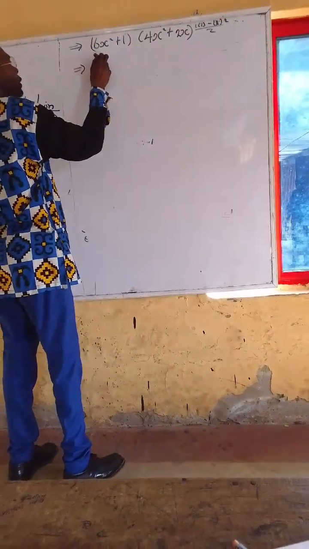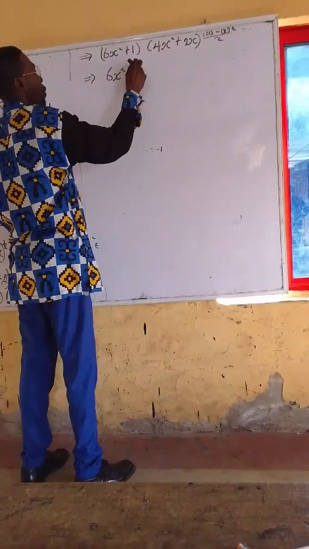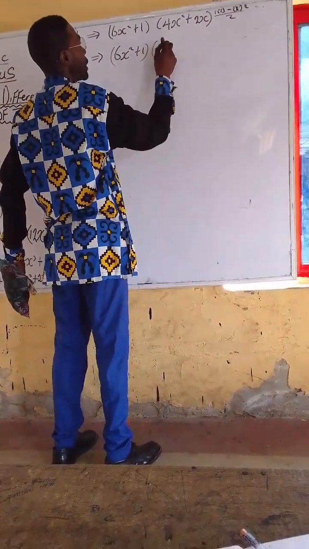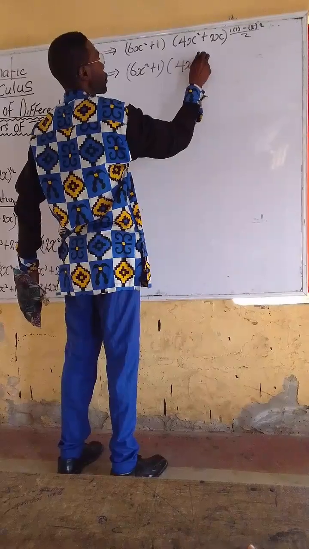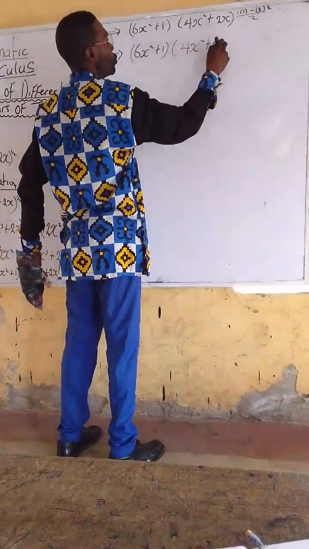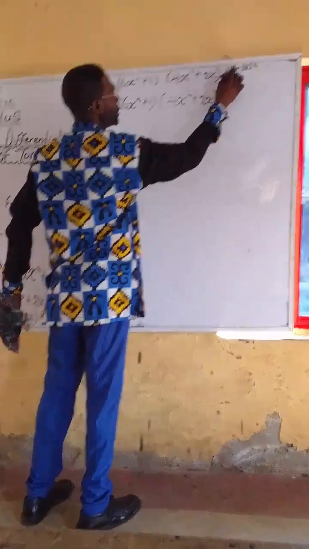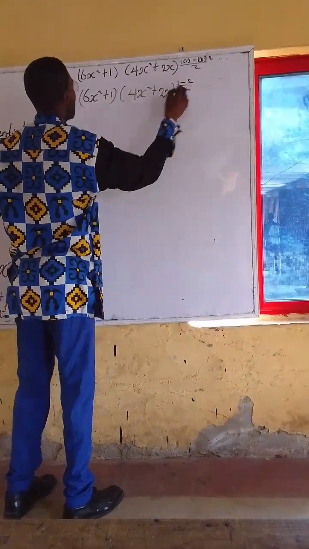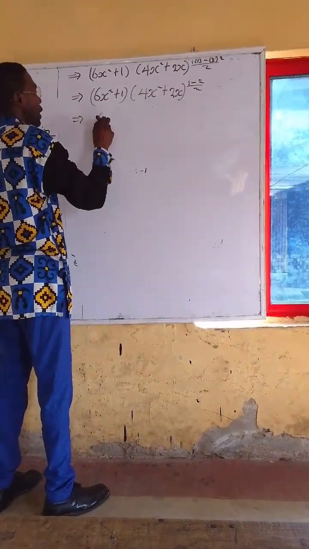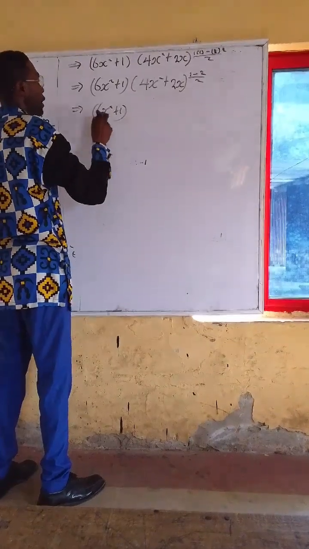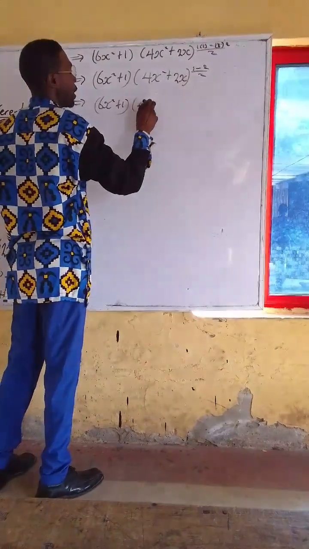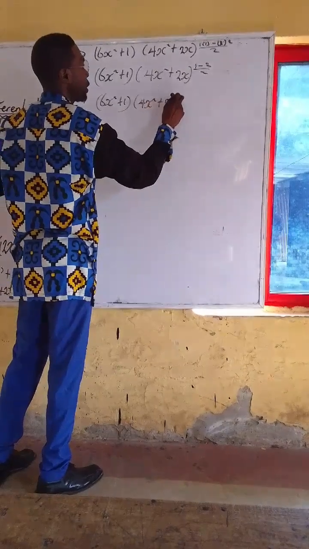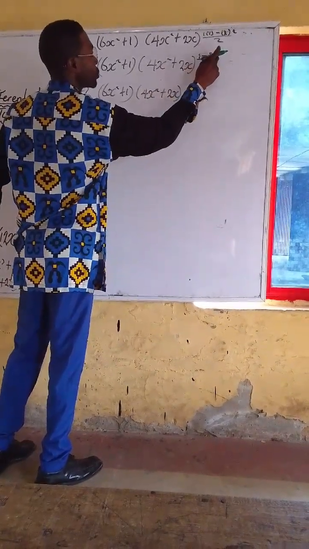Then we have 6x squared plus 1 bracket 4x squared plus 2x. Then what is this? 1 times 1 is what? Is 1. Minus what? 2 over 2. We have 6x squared plus 1 in bracket 4x squared plus 2x. Then 1 minus 2 is what?